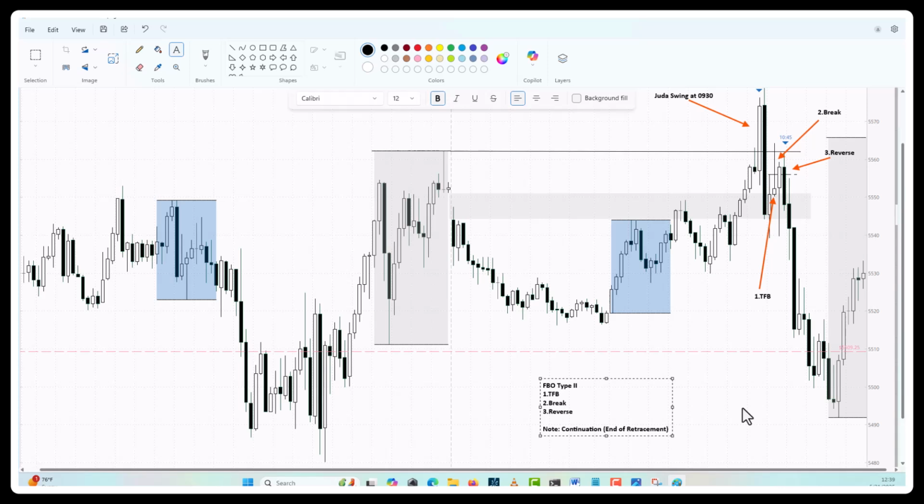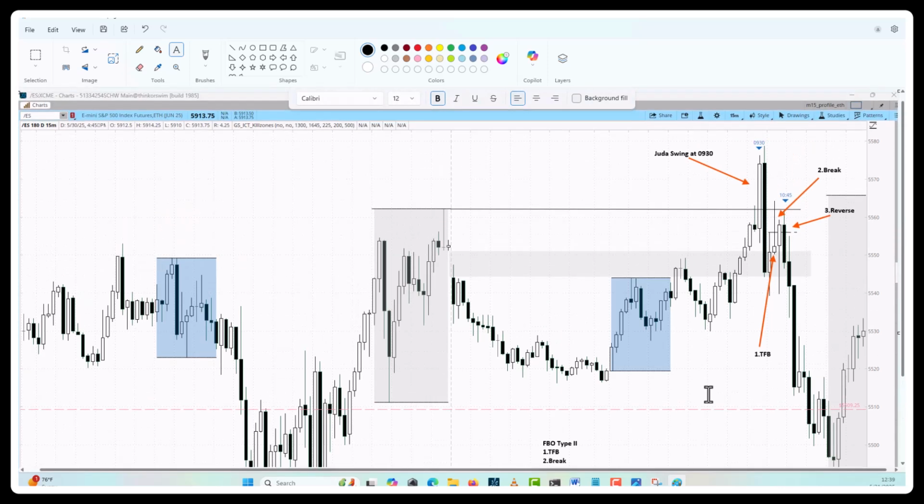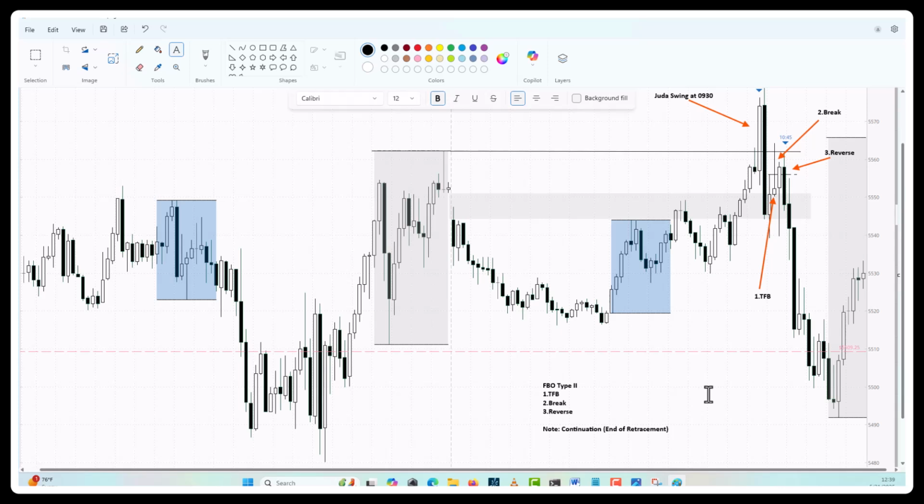Yeah, so full breakout type 2 signals the end of the retracement, which is the next expansion move, and it's continuation. Alright, let's save this one. Alright, we just save it.